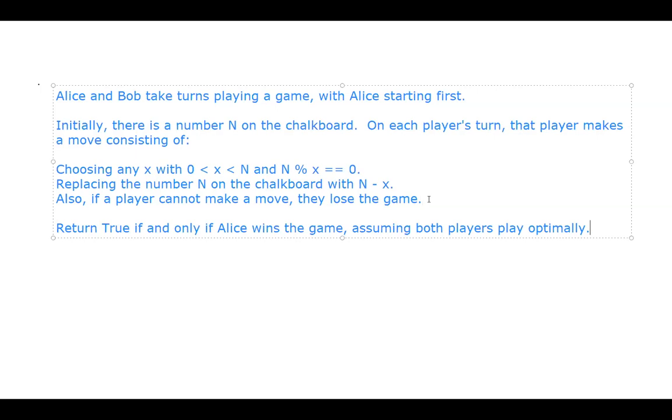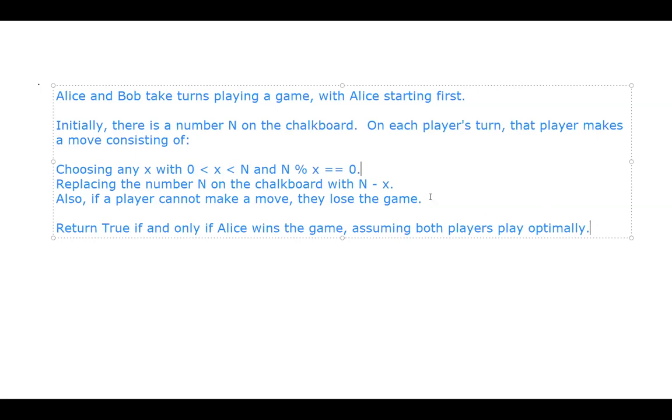By that, we mean either you cannot find a number in this range, or even if you can find a list of numbers, none of them divides n completely. You get stuck at one of these conditions, and that's when the game ends, and the player who runs into this situation loses the game.